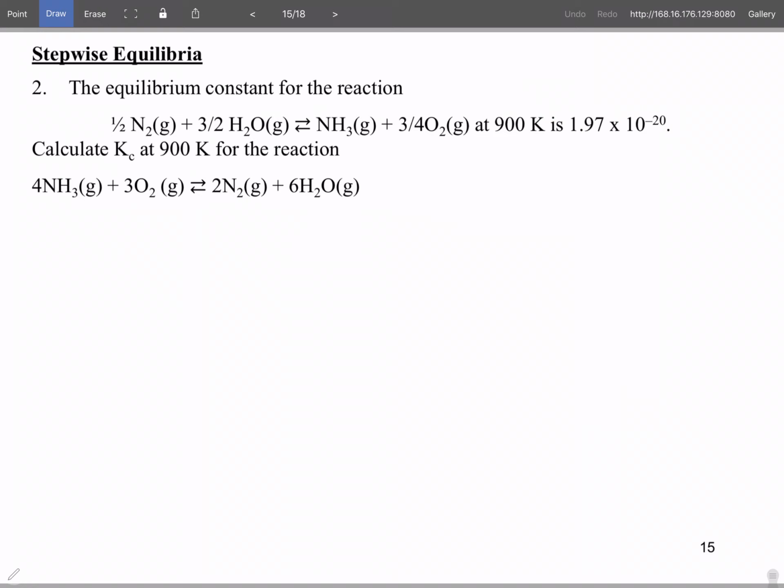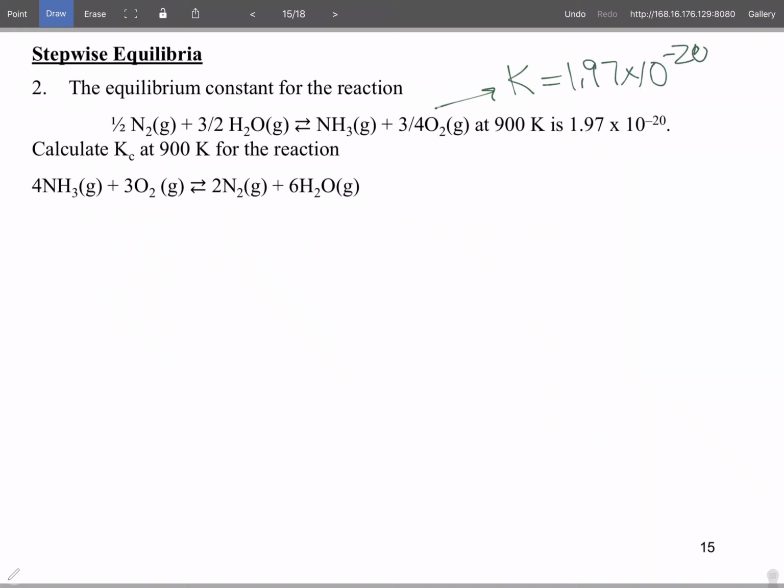Let's do another one. Okay, so we've got this equation here. And you're looking at it going, wait, fractions! It's balanced. And yes, fractions appear, even though you were told we don't use them. We use them all the time in 1212. Okay, so here's our K value for this expression. This K is 1.97 times 10 to the minus 20.